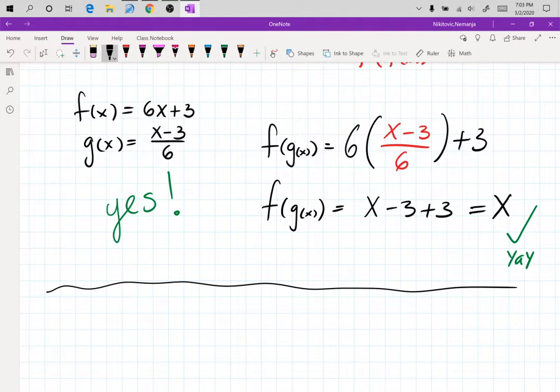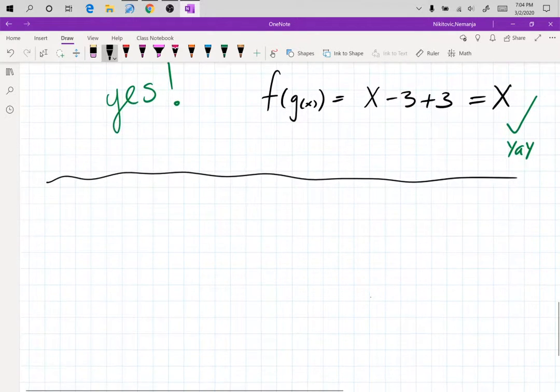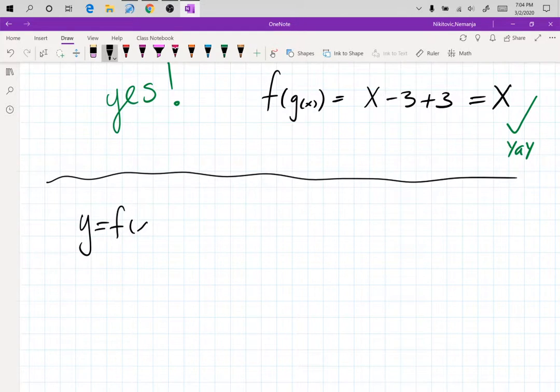Now, one thing that I'm going to mention about function composition, which is on the list of questions that you can see in the middle, it says function composition computed at a number. I am going to remind you that y equals f of x, and this x over here is your input to compute the value.